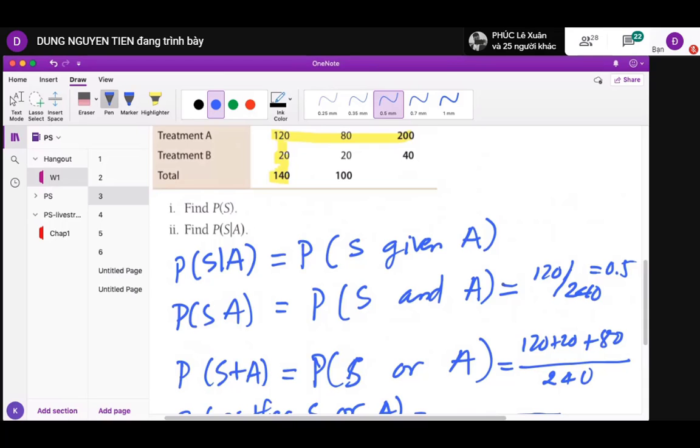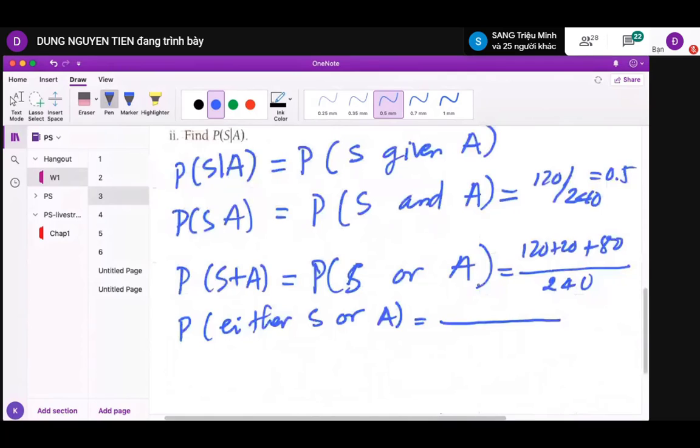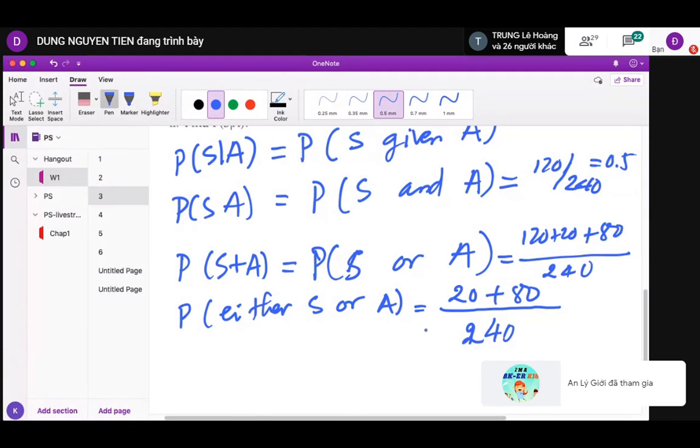We don't have that. Makes sense. And the answer will be 20 plus 80 divided by 240. So you get 20 plus 80 divided by 240. And you need to omit the joint probability 120 over 240 in the answer. Is there any question about it? Is that all clear?